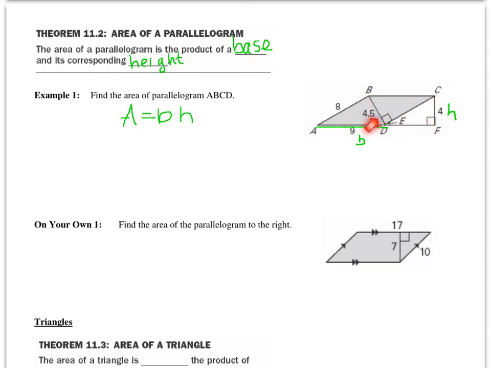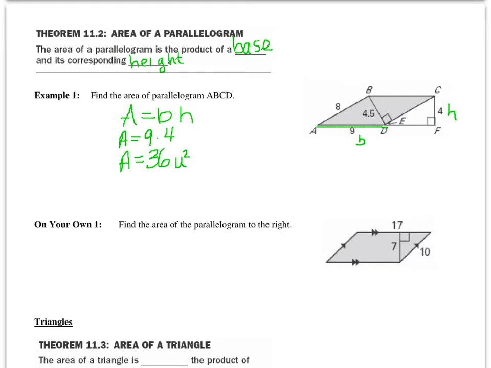If I slid it over, it'd still be parallel. So one way we can do this, we can say the area equals the base of 9 times the height of 4. So my area would equal 36. And my units here we don't have, so we're just going to put units squared.